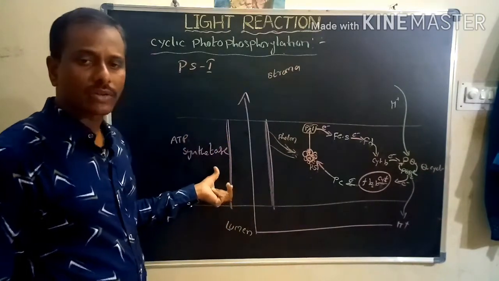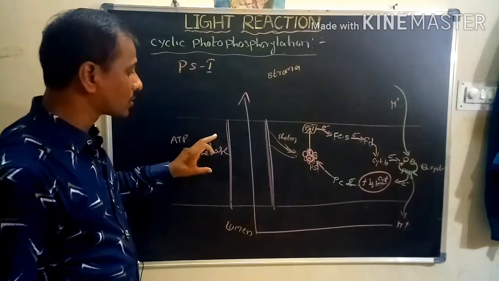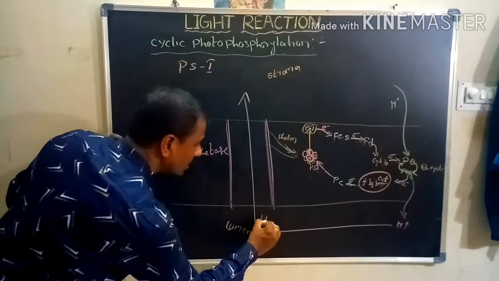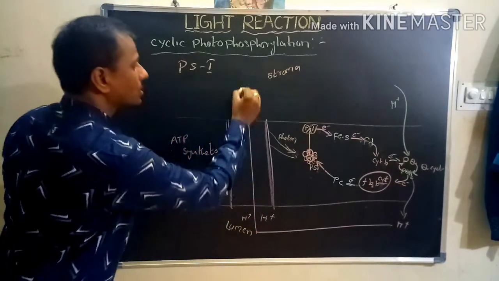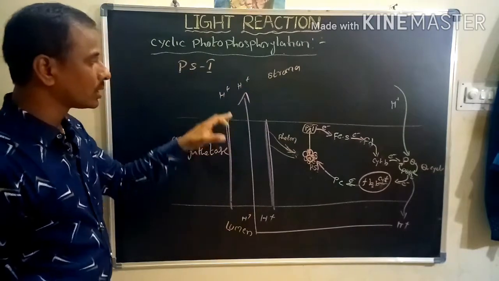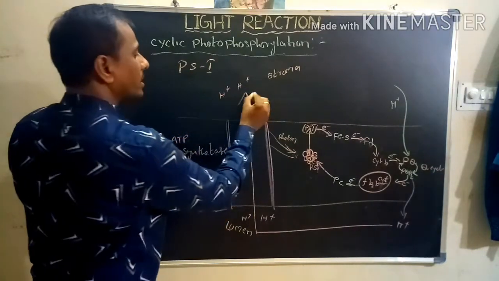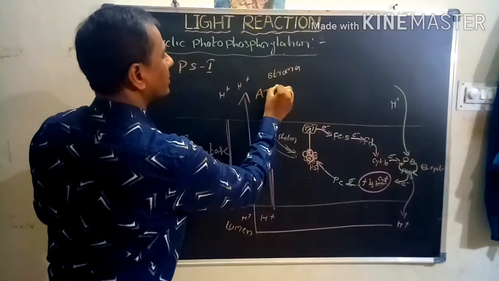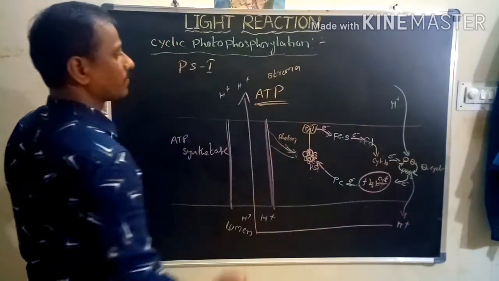The membrane does not give permission, so this protein complex helps in the transportation of protons from the lumen to stroma. When the H plus ions are transported from lumen to stroma, due to the transportation of H plus ions, the ATP is synthesized.